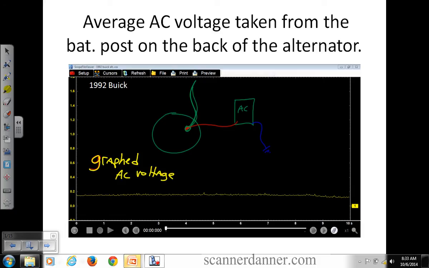What are we reading? The spec I'm giving you is 0.3 or less, or another way to write that would be 300 millivolts or less. How's our AC voltage on this alternator? It's good. Some other things you may want to do is turn the headlights on, blower on, experiment with RPMs, and take a look at it.